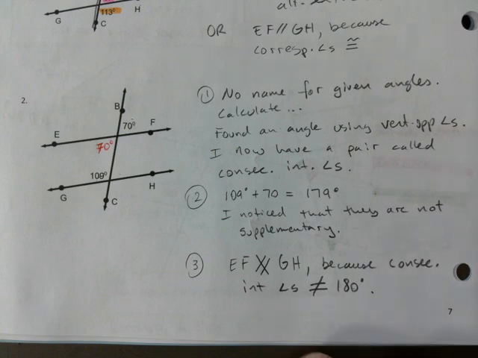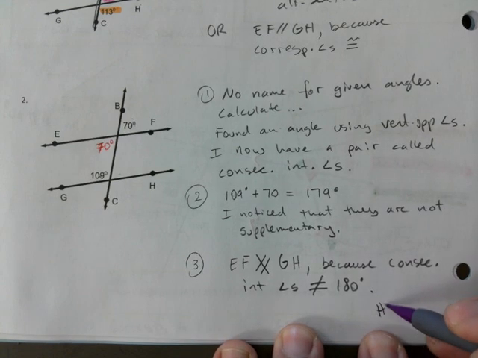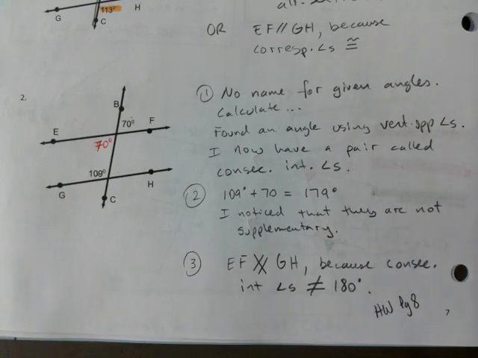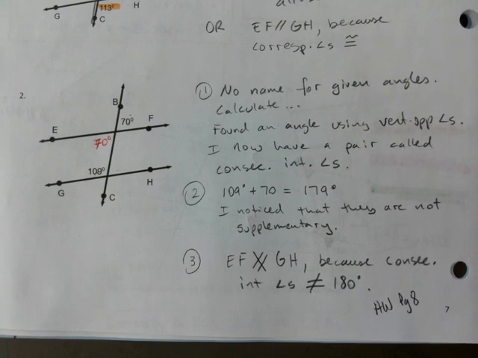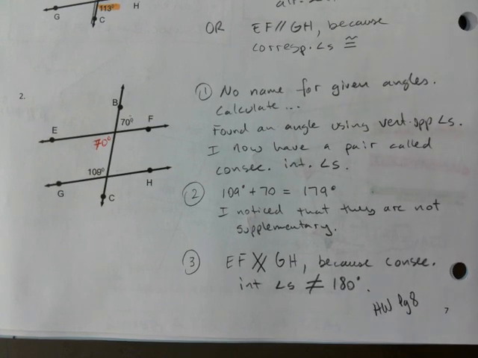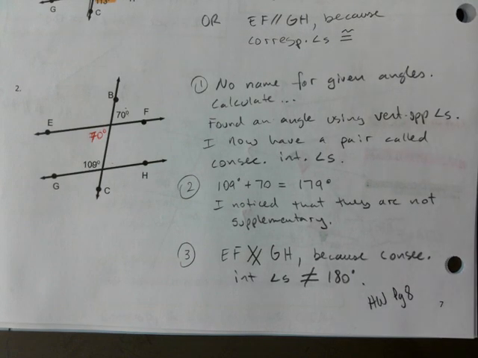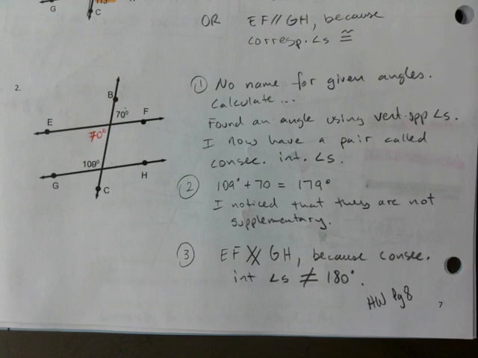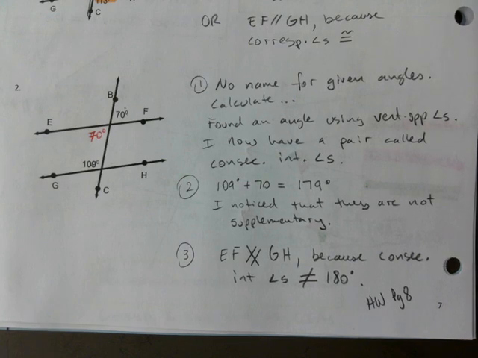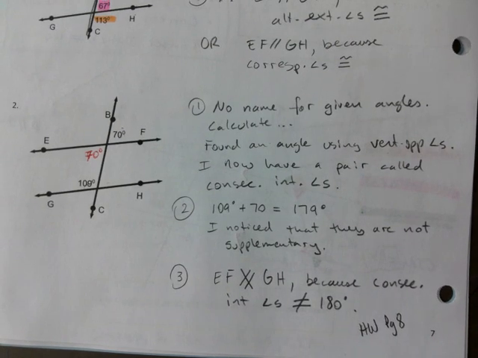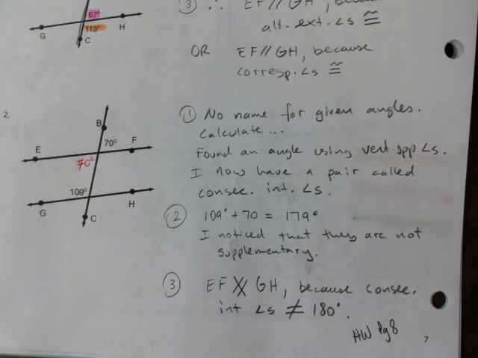I'm going to say the homework for this is found on page 8, and I think it's scattered somewhere else yet. One second. Can't find it right now. Oh, yeah.